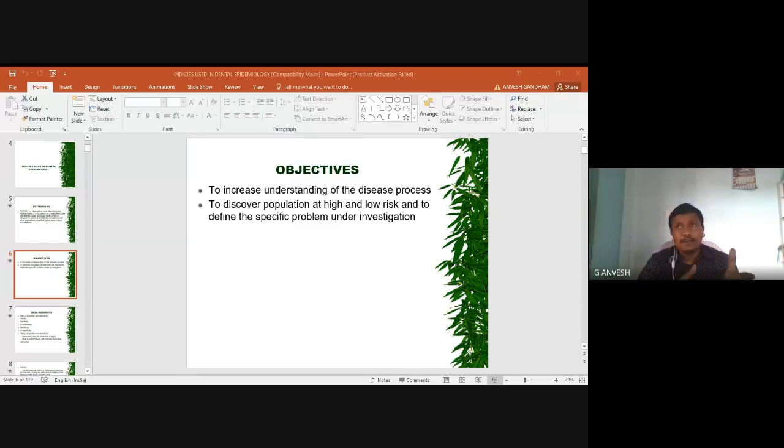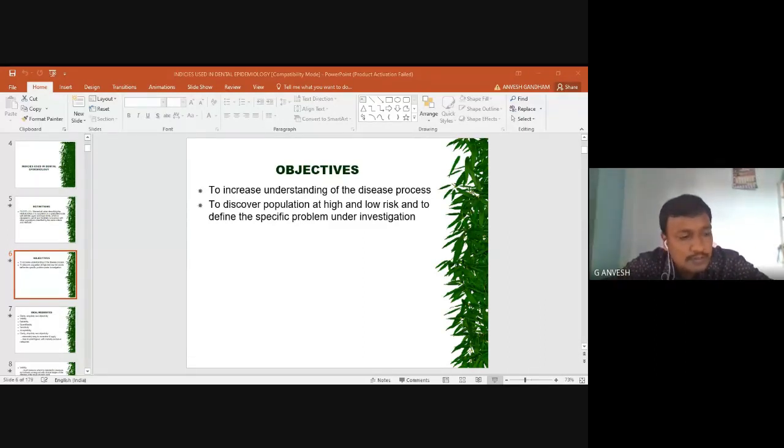Next one is the cumulative index, which will suggest the past and present condition of a patient. So this is your first part.